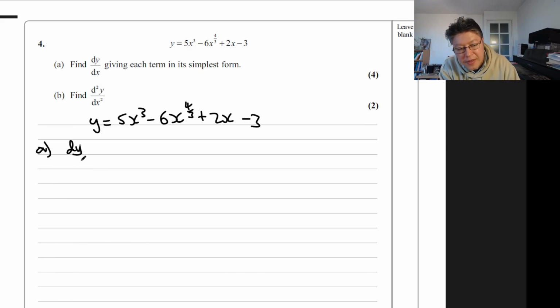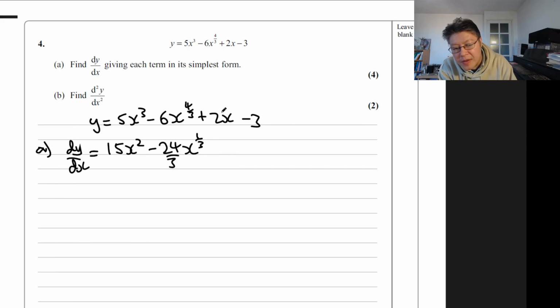So we get dy dx equals, so the first term becomes 15x squared. The next one becomes minus 6 times 4/3, which is minus 24 over 3 x, and then you minus 1 off the power is a third. The 2x becomes a 2, and the minus 3 becomes a 0.